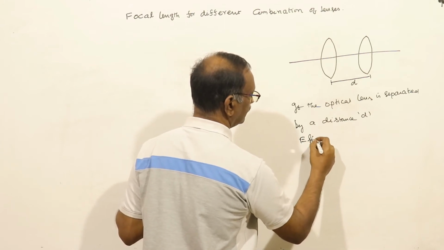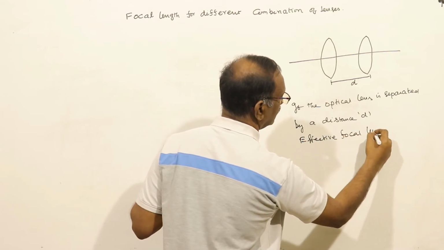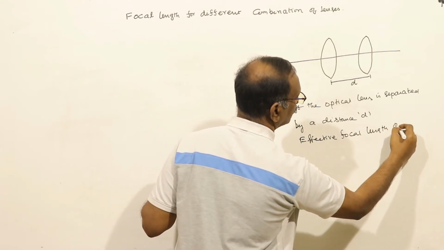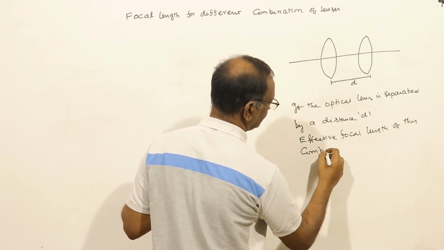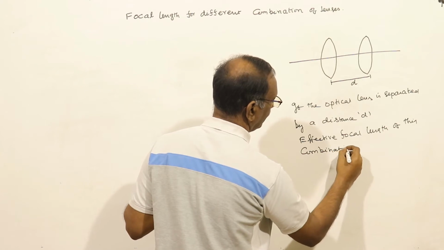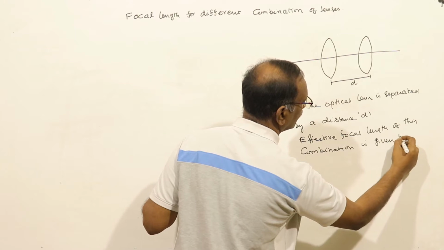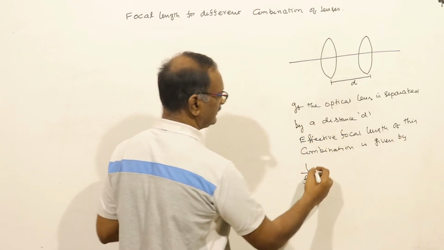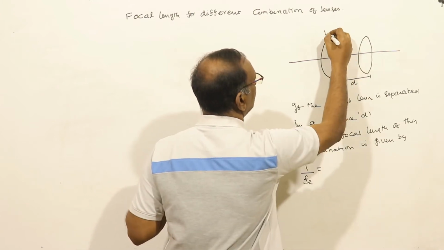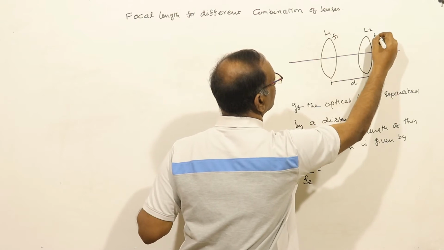Effective focal length of this combination is given by: 1 by effective focal length of the combination is equal to, this is lens 1, this is lens 2, having focal length f1, focal length f2.